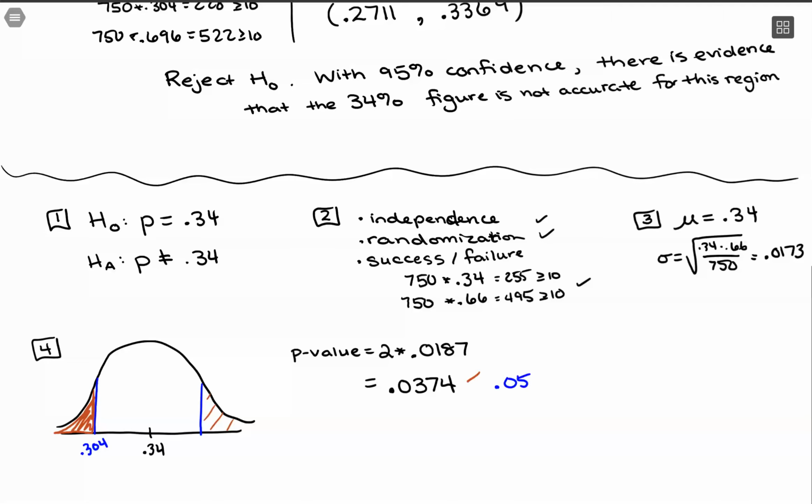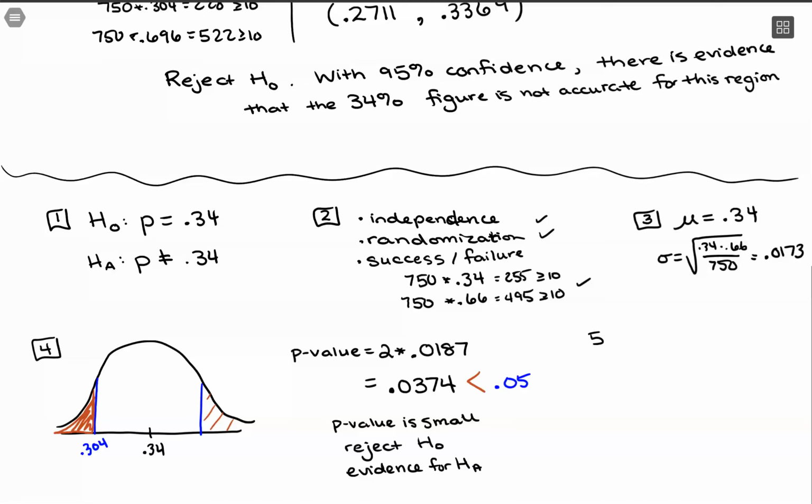And we'll see our p-value is small, which means we're going to reject the null, which means we have evidence for the alternative.